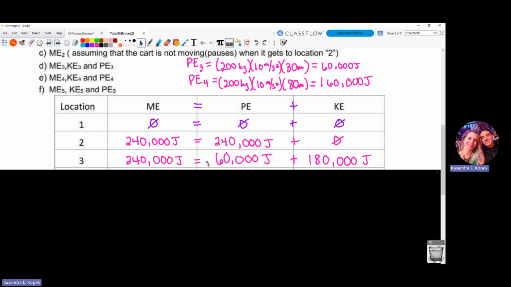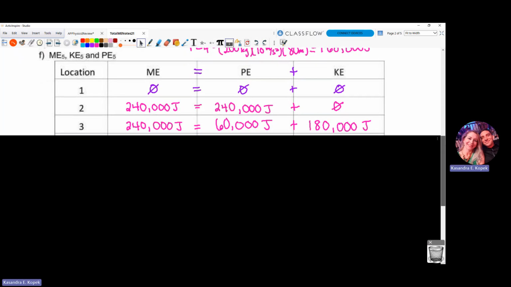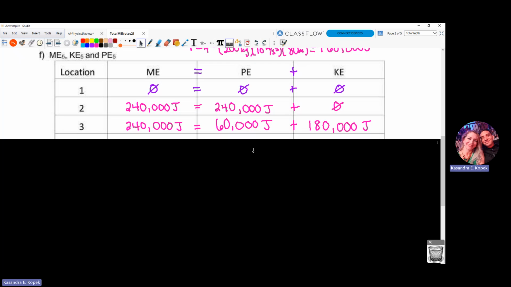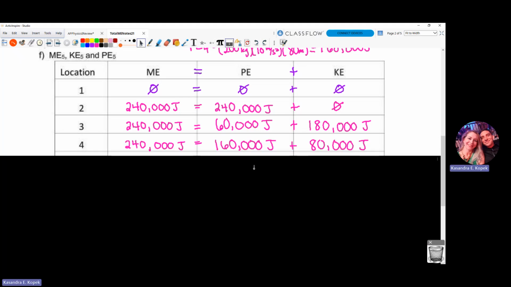That means we subtract and get how much kinetic we have. And we're going to do that for the rest of the ride. So going from 3 to 4, the total mechanical energy remains 240,000. The potential is now 160. We subtract and we get 80,000 joules of kinetic.